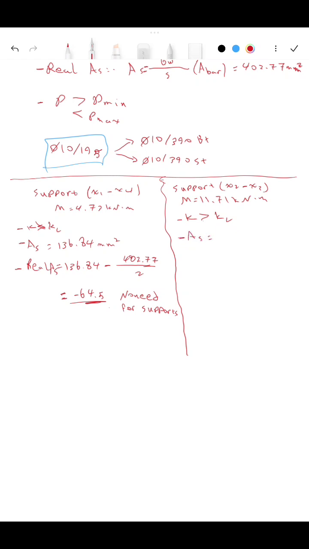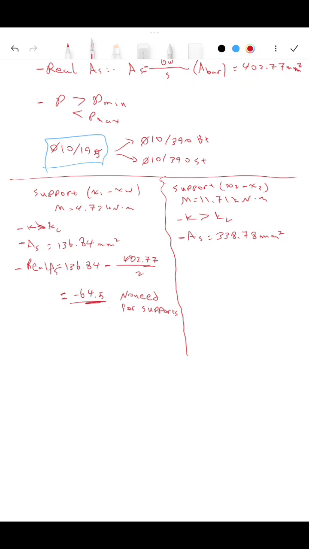So we have the moment 11.71 times 10 to the power 6, divided by JD, which is 94.7, times the FYD 365, which equals 338.78 millimeter square.